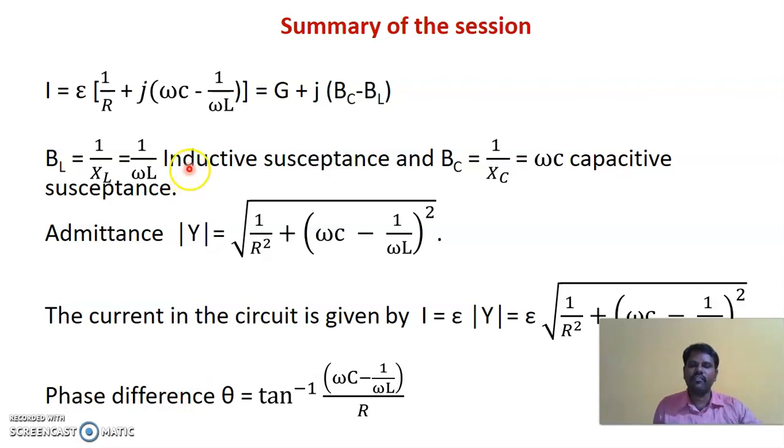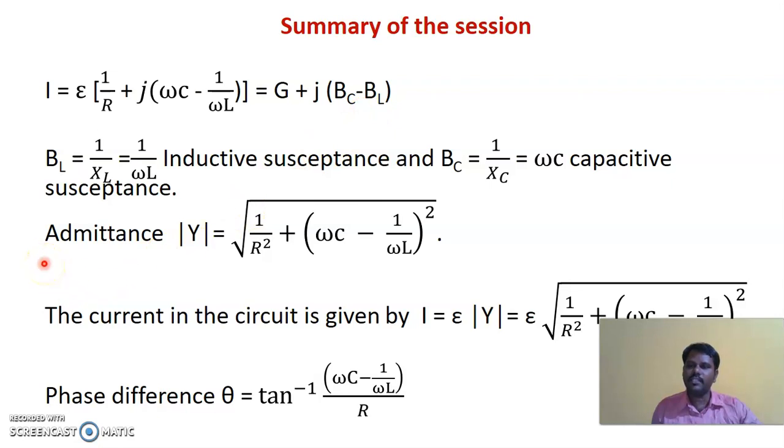In this session, we learned the parallel LCR circuit. In rectangular form, it is given as I is equal to epsilon into 1 over R plus j into omega C minus 1 over omega L. 1 over R is represented as G, and omega C and minus 1 over omega L are BC minus BL.